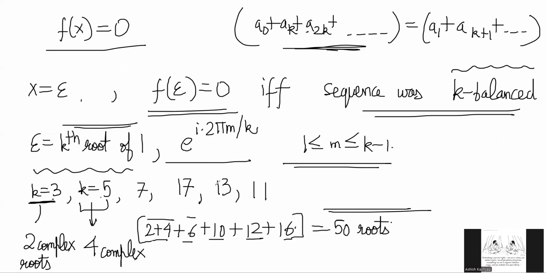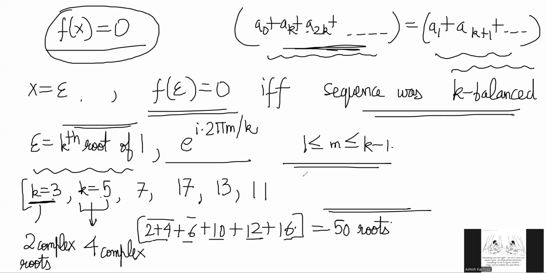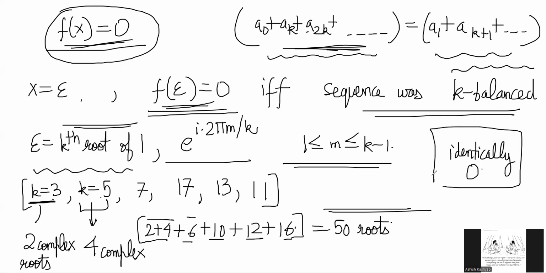So what we have gotten is that f of x is equal to 0 if the sequence was k balanced for so many different prime number values of k. We have gotten 50 different complex roots for this polynomial, right? Yes. And because there are 50 roots now, the polynomial must be identically 0. And therefore, the question is done because now we know that all the coefficients must be equal to 0. Correct?